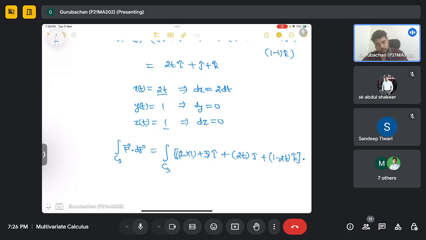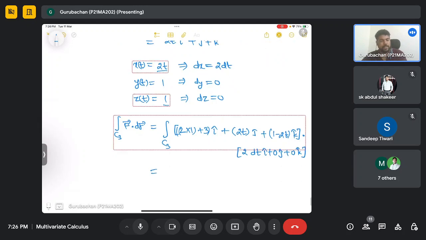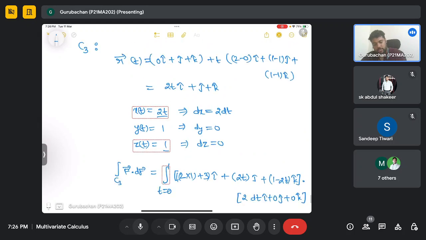Dot product of this with 2 dt I cap, 0 j cap, 0 k cap. So again the second and third components will give us 0, and this C3 can be reduced to 0 to 1. So in this equation we can write 0 to 1.